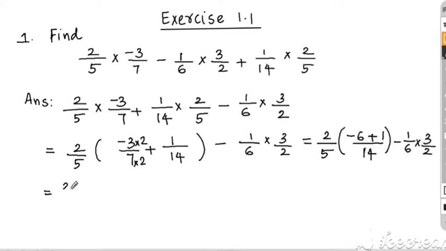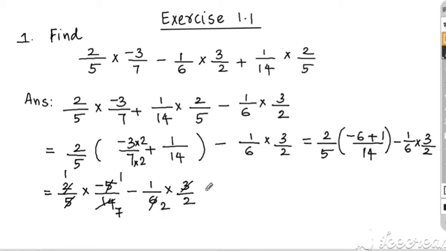So that is equal to 2 by 5 times negative 5 by 14 minus 1 by 6 times 3 by 2. Then you can cancel 5. So that is 1. Then 2 and 14. So 1 and 7. 6 and 3. 2 and 1. So that is equal to 1 times negative 1, negative 1 by 1 times 7, 7. So negative 1 by 7 minus 1 by 2 times 2, 4.